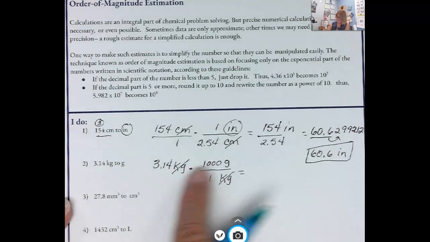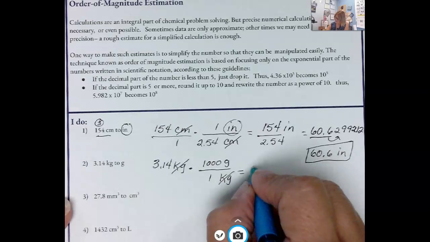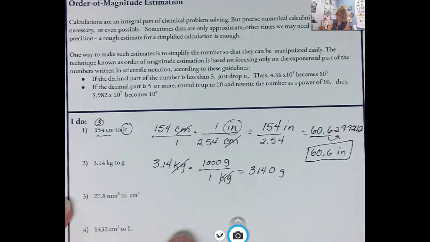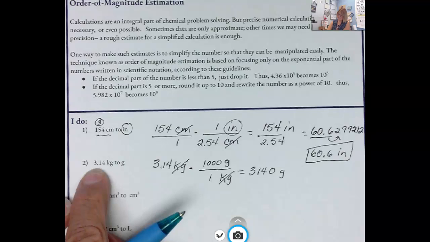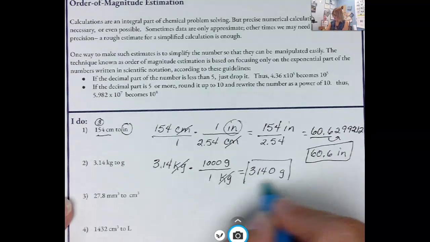Okay. So if I multiply across, you can just do that in your head, whatever the case may be. Here's my number. Again, grams is the only label left. I have 3 digits here. I only have 3 there. So I'm good in that way.